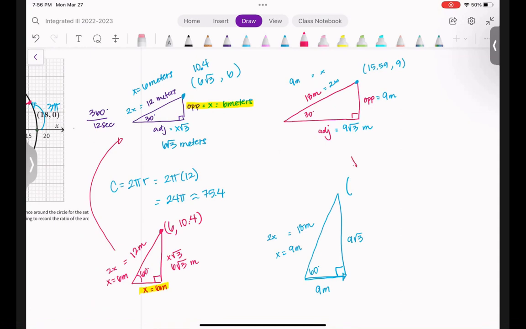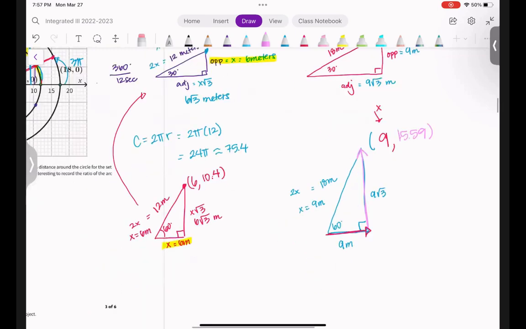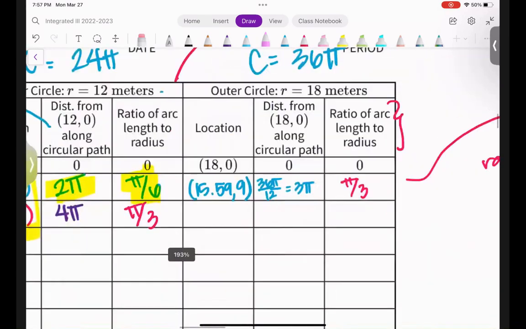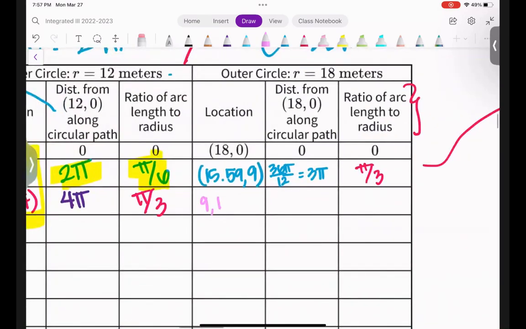In case you don't know how I'm getting this x number, it's this distance here, right? So this is 9, comma. And this number here is our y to get to that point. That's exactly what we described. So we said it was 15.59. And yeah, they did flip-flop places, right? So we're going to write that down as 9, comma 15.59.